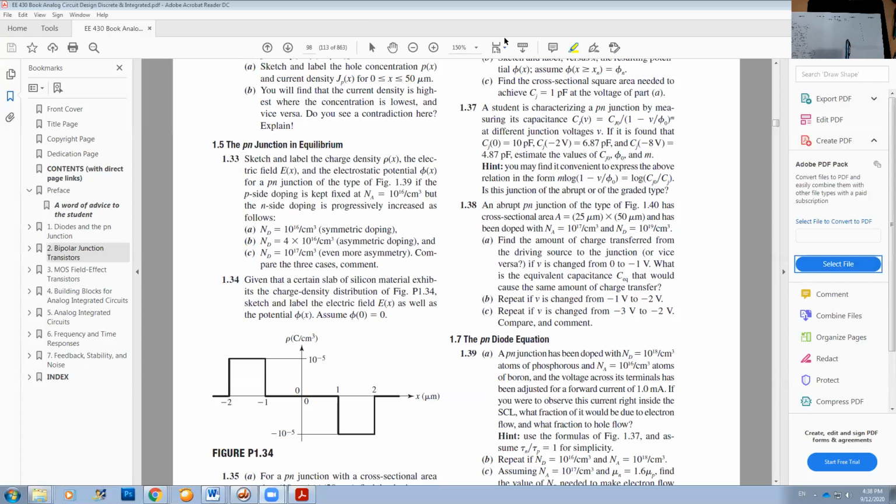Part B is going to be the same thing, but instead of using N_D, the same as N_A, N_D will be changed into 4 times that amount, and you're going to see how it changes. And in part C, it's going to be 10 to the power 17. I will leave those for you to do since it's going to be almost the same as part A.